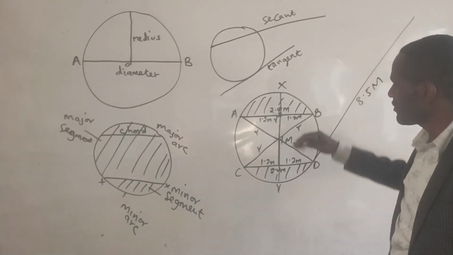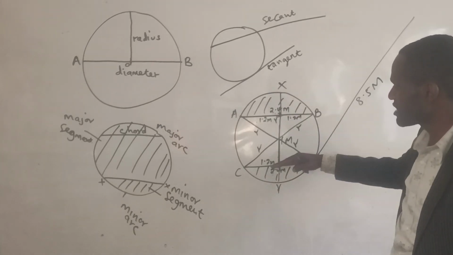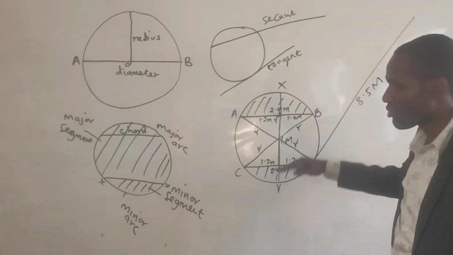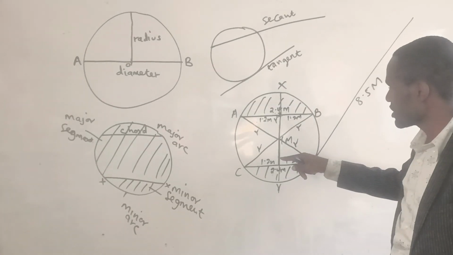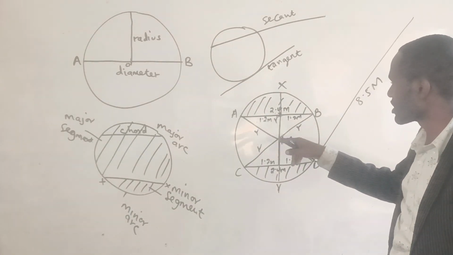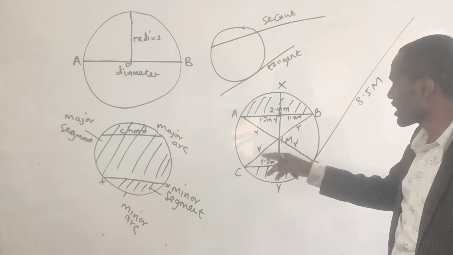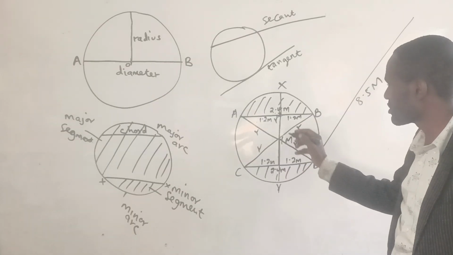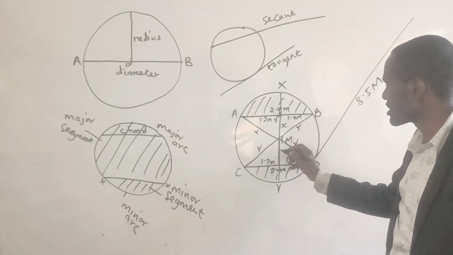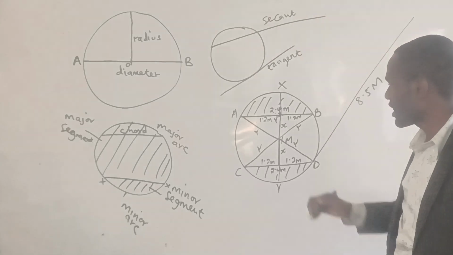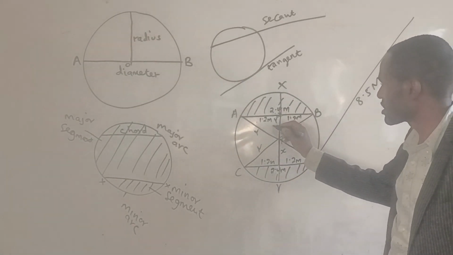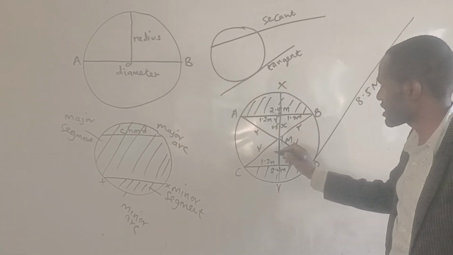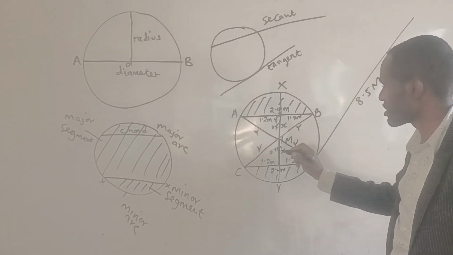Now, if this distance and this distance are the same, we can get rid of them. And the remaining is 1 meter. So if I line it down from this point to this point, and another one from this point to this point, that means this distance and this distance must be the same. And because these chords are 1 meter apart, this distance must be 0.5 meters, and this should also be 0.5 meters.